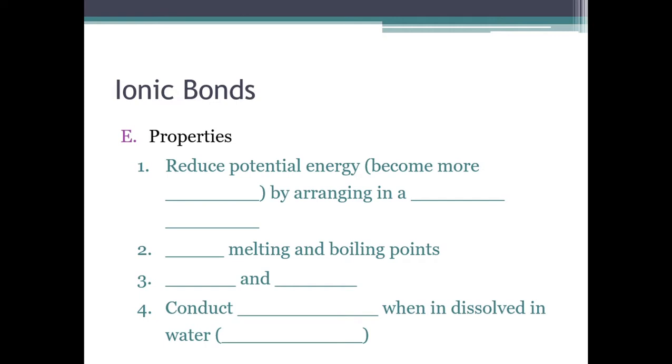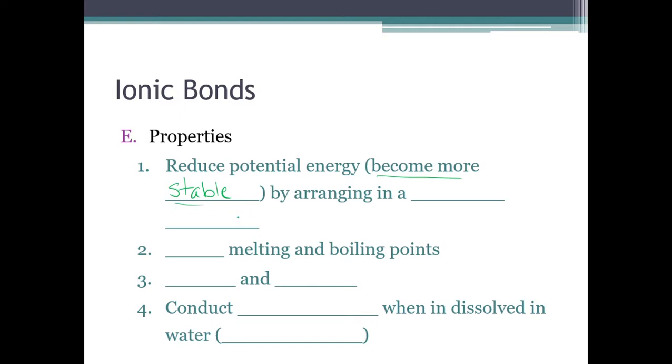So that is sort of a review of what we learned in Unit 5. What we didn't really talk about in Unit 5 are properties of our different types of bonds. So ionic bonds, when they form, will reduce the potential energy. They will become more stable. And this part is not unique to ionic bonds.